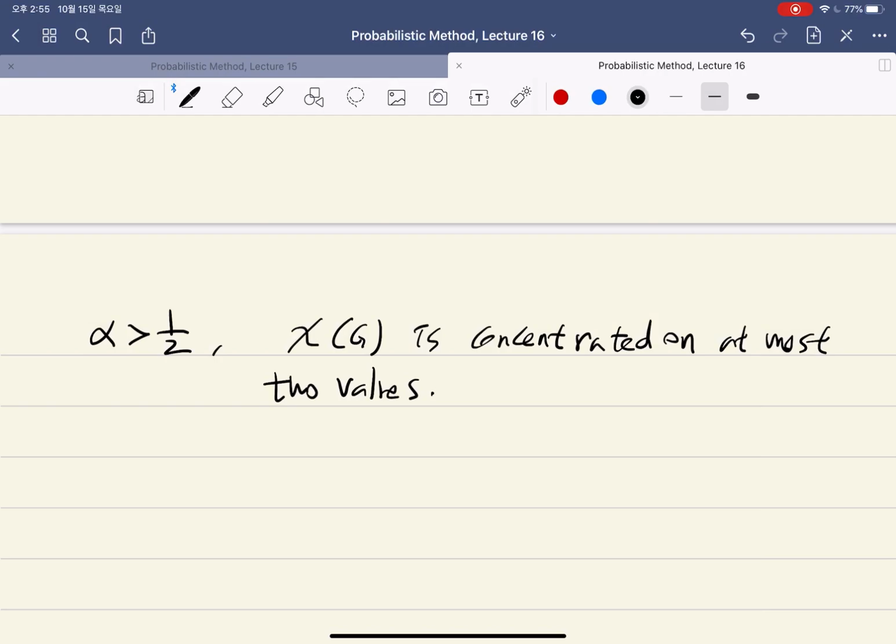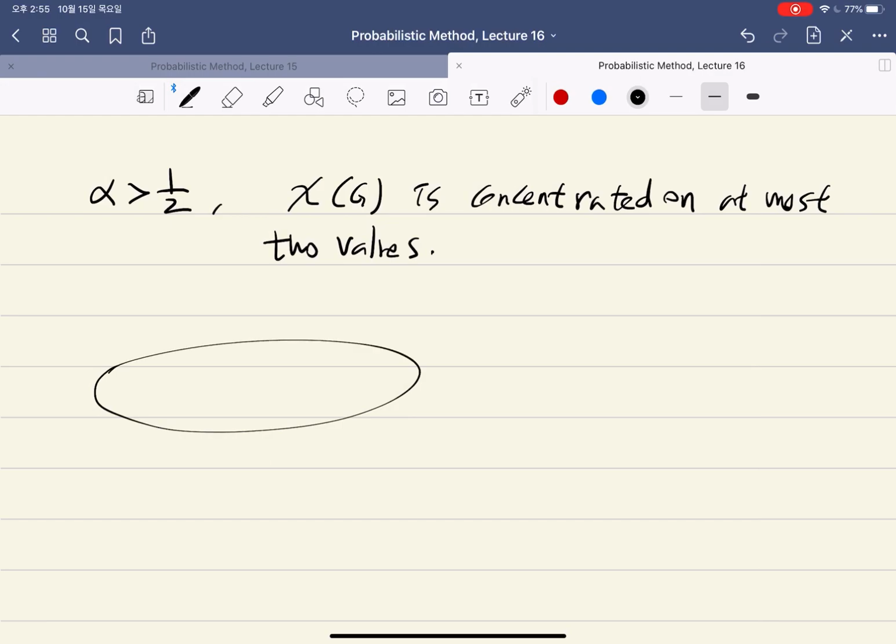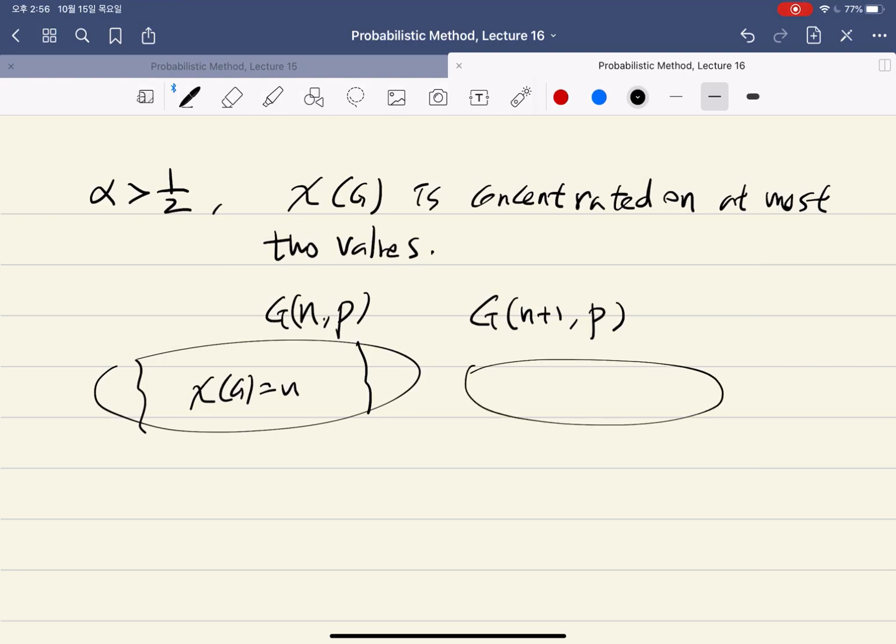And if you think about it, these 2 values is best possible. Because let's say in G(n, p), you know that most of the graphs have chromatic number u. And you increase n by 1. Then it could still be that most of the graphs satisfy this equality.